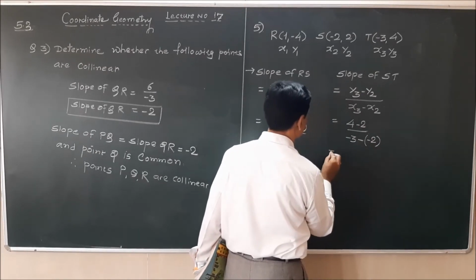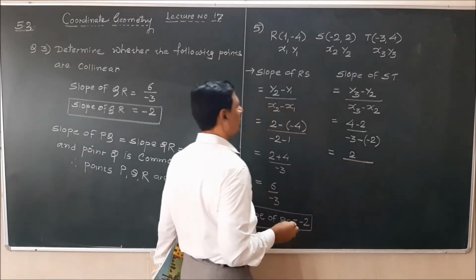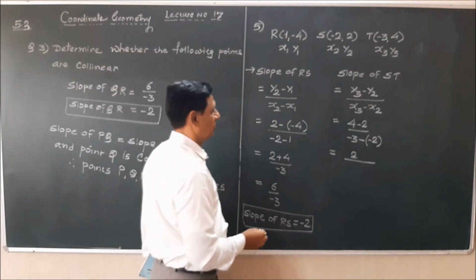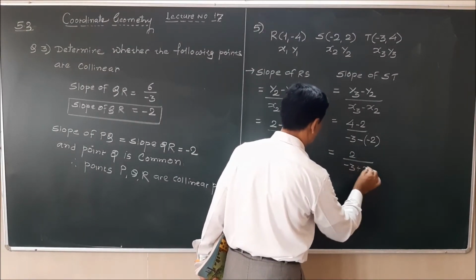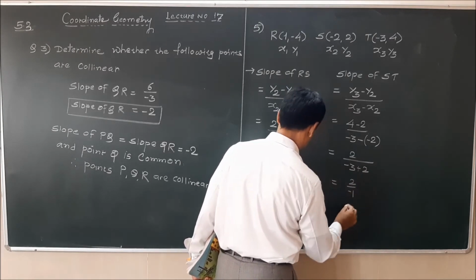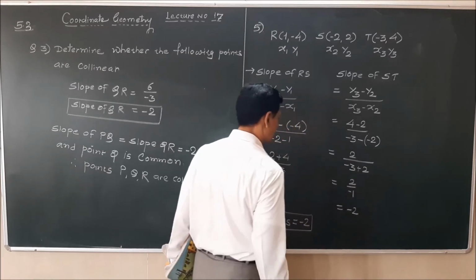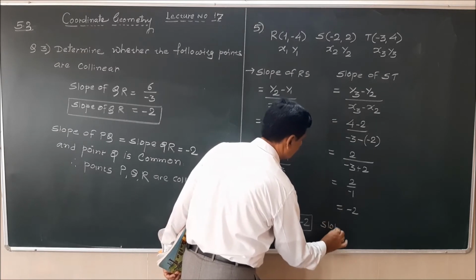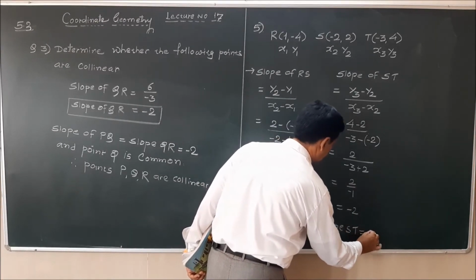So 4 minus 2 is 2, and minus 3 plus 2 is minus 1. So 2 upon minus 1, that is also equal to minus 2. So slope of ST is equal to minus 2.